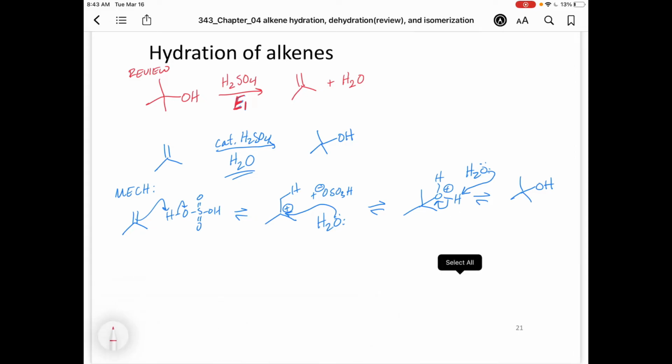So the mechanism for the E1 reaction, why don't we just review it and write that out. Mechanism for E1. So I'm going to start with my alcohol. I'm going to have H2SO4. It's going to protonate.